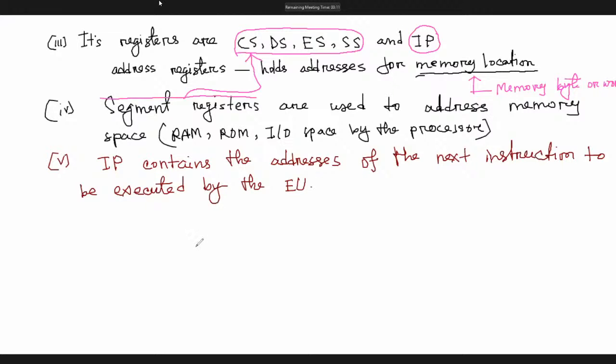EU means execution unit. IP contains there are two parts of an address, one is called segment, the other is called offset. So IP actually contains the offset address of the next instruction that is addressed by the EU. Okay.